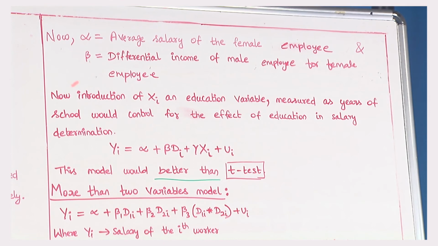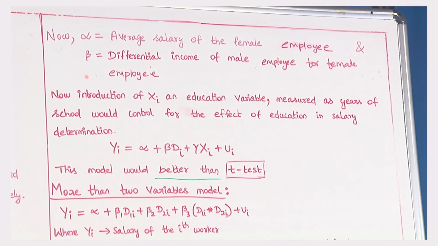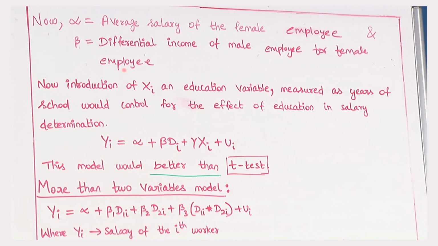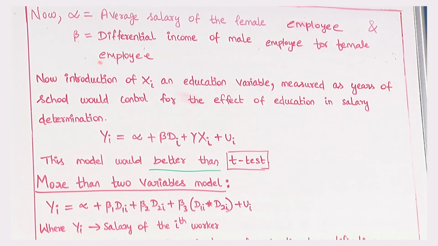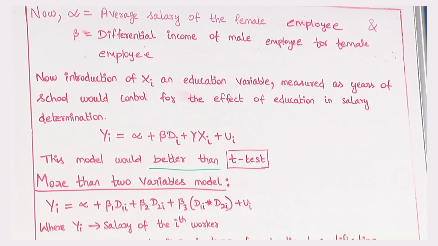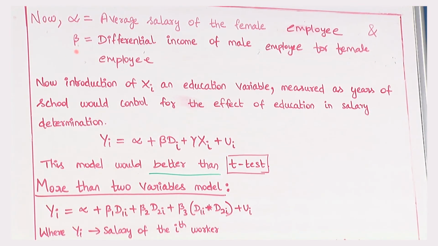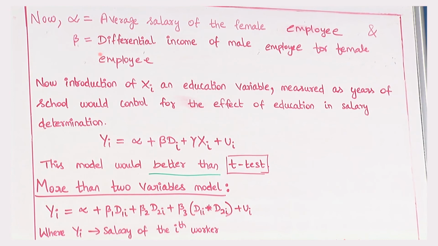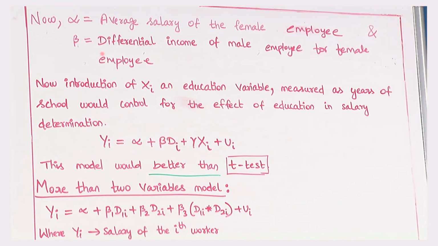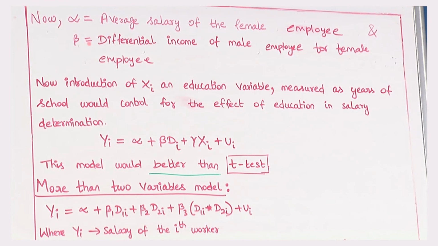Let us take this case. Alpha is the average salary of the female employee that we already know. Beta is the differential income of male employees over and above the female employee. Now, the significance of beta will indicate whether the difference between the average salary of the male and female employees is significant or not.